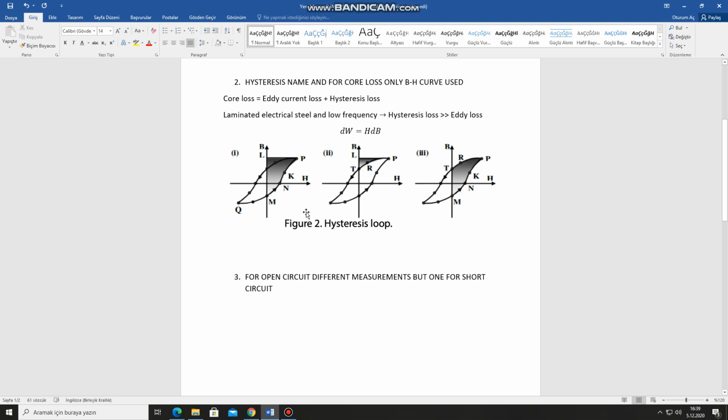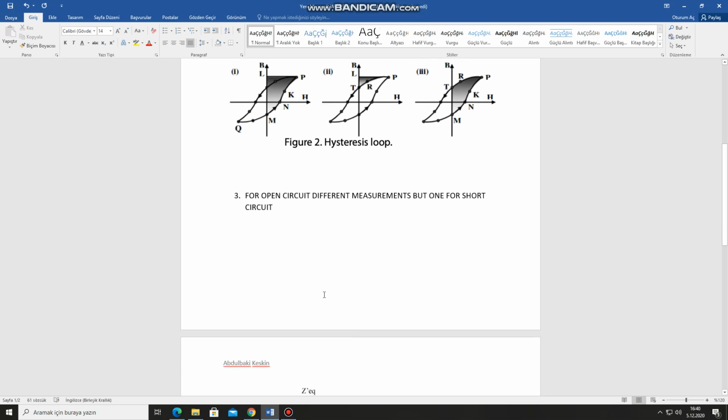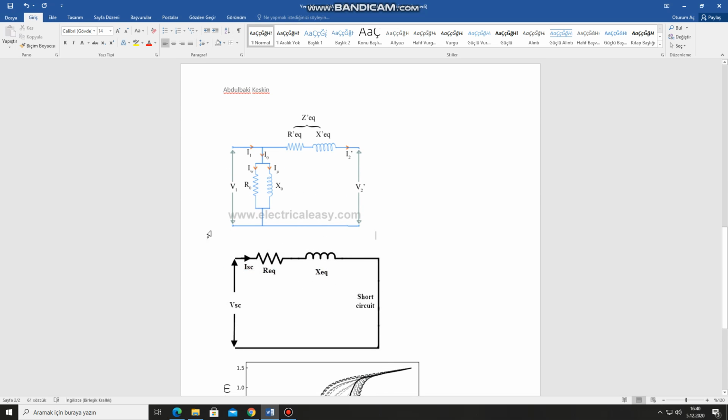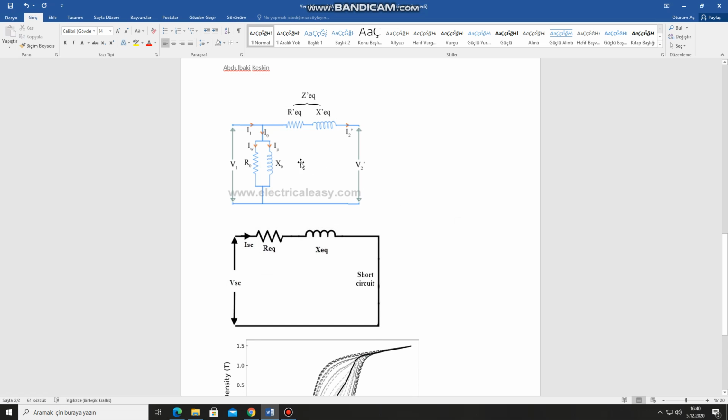And the third question was about different measurements for the open circuit test, but one measurement for the short circuit. For this one, please refer to the figures shown here. In our open circuit test, we are opening the second branch and we are trying to characterize and find the parameters of the parallel branch.